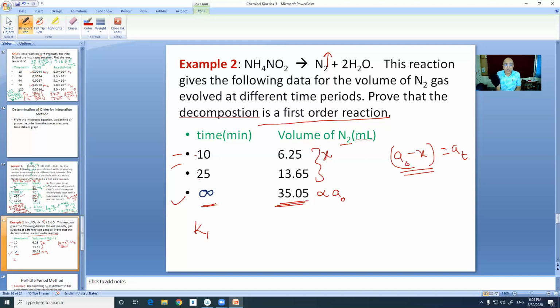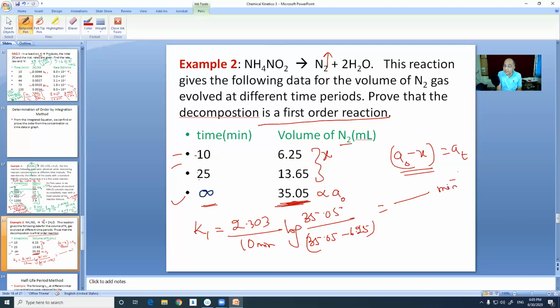So k1 at 10 minutes time, let us find out: 2.303 by 10 minutes log A0 is this one. The infinite time corresponds to A0, that is fixed. And At will be A0 minus X, that is 35.05 minus 6.25. That will be A. So you find out what is the value in minute inverse. And the second data, there are only 2 data. We are lucky here. So this will be 2.303 by 25.